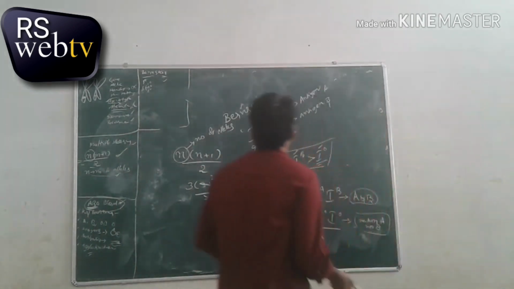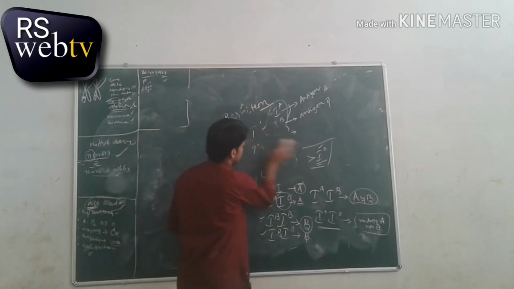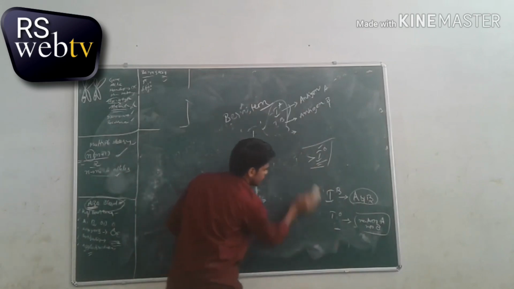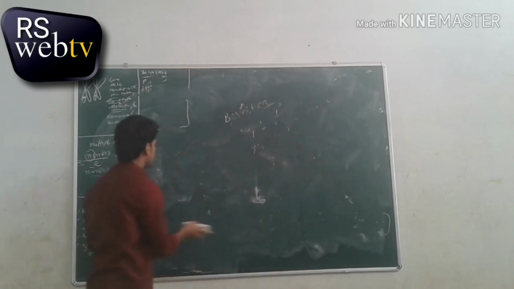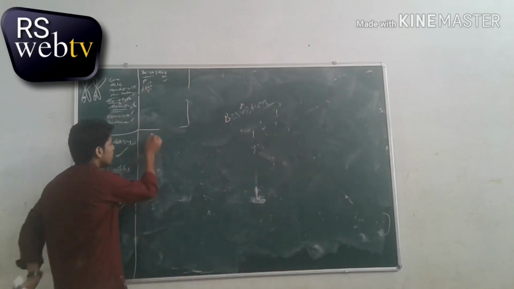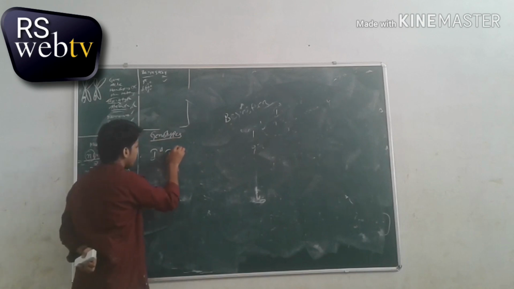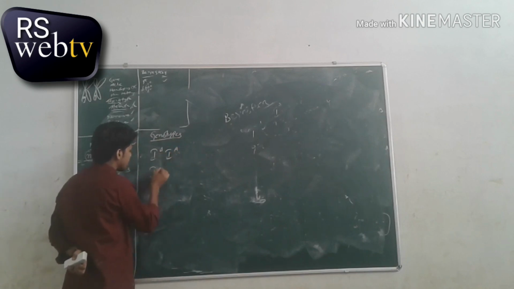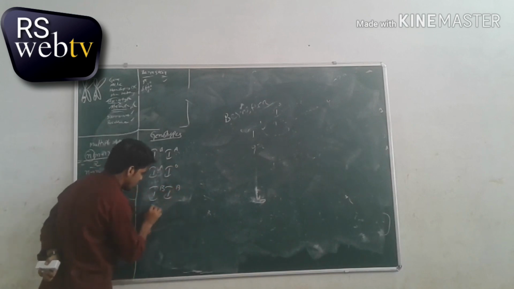Let's draw a table of the blood group system. Genotypes: how many genotypes are present in this theory? 6 types of genotypes. Write all the 6 types of genotypes.